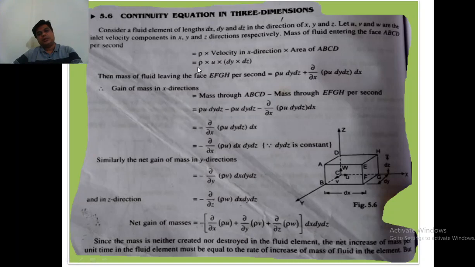So here we take again the continuity equation. So we take the mass of fluid. We take this cross section ABCD. So the mass of the fluid entering the face ABCD per second. So here the mass of the fluid will be rho into area into velocity.